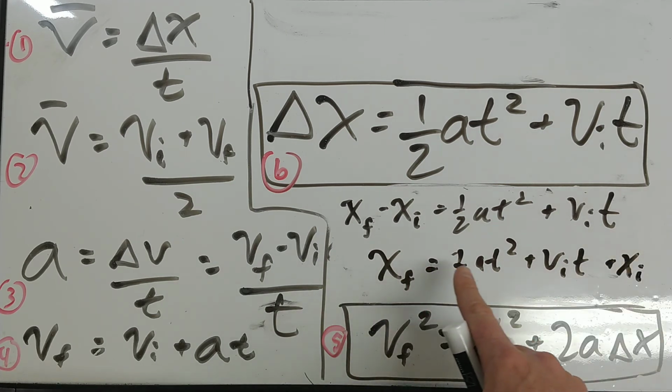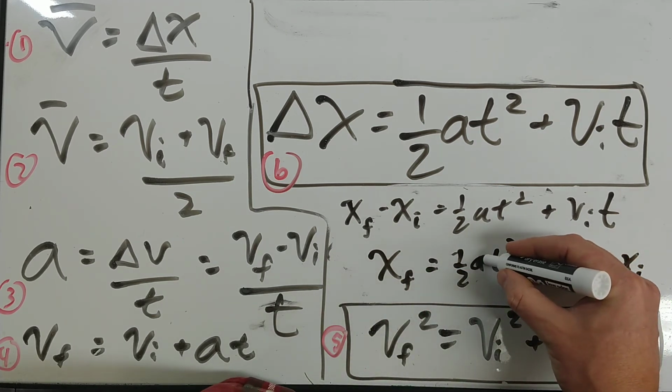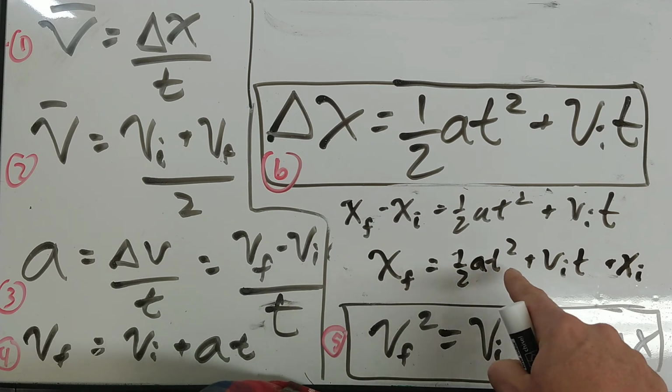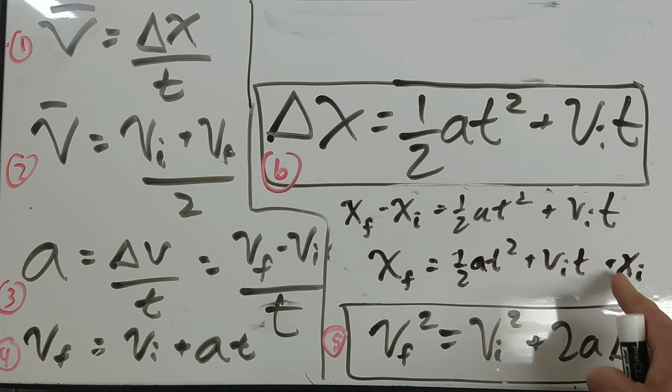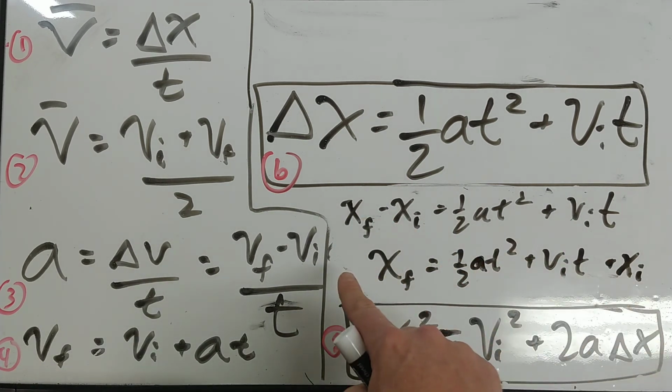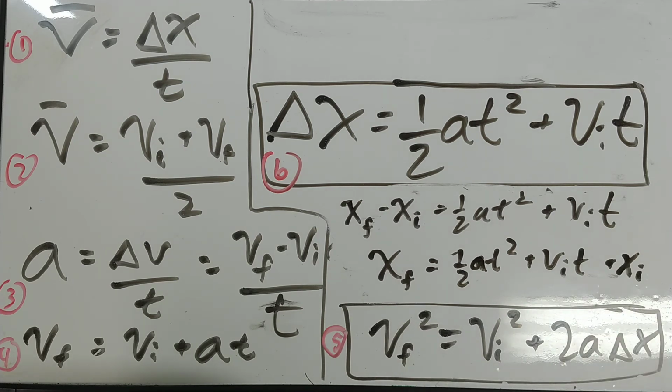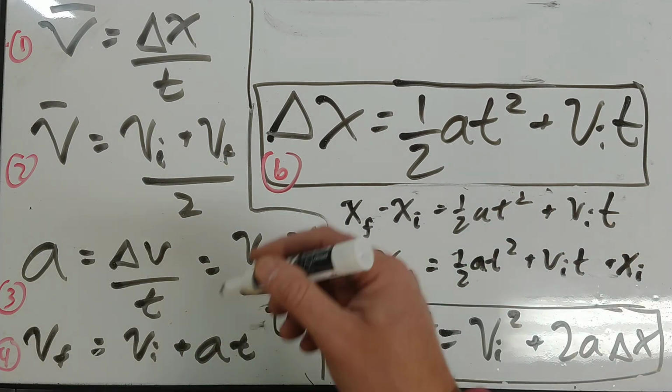We like writing it like that because it follows the quadratic formula, y equals ax squared plus bx plus c. As long as you think of it like this, you should be good to go.